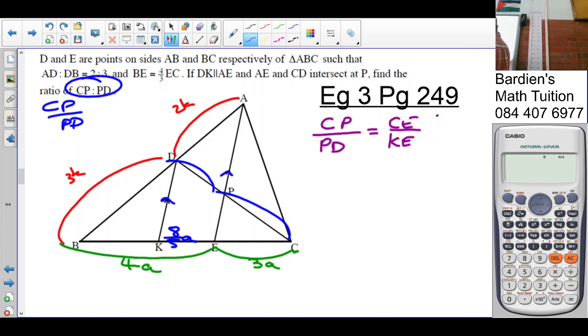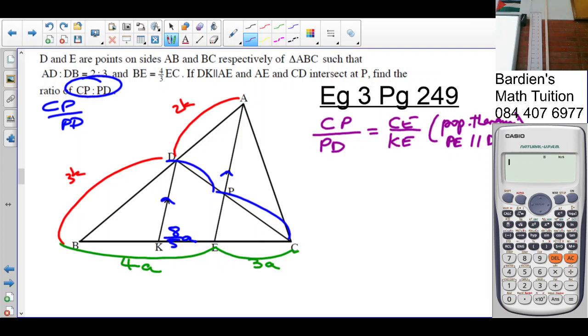What's your reason there? The proportionality theorem, with PE being parallel to DK. You see, DK is parallel to PE or EA, doesn't matter.